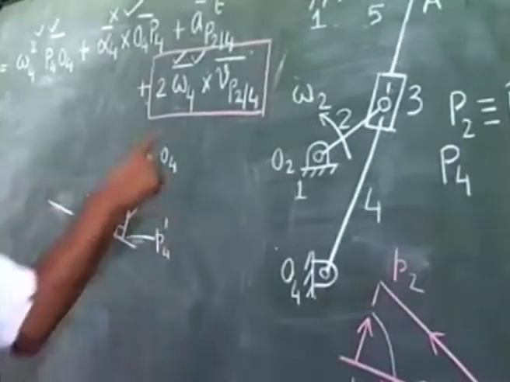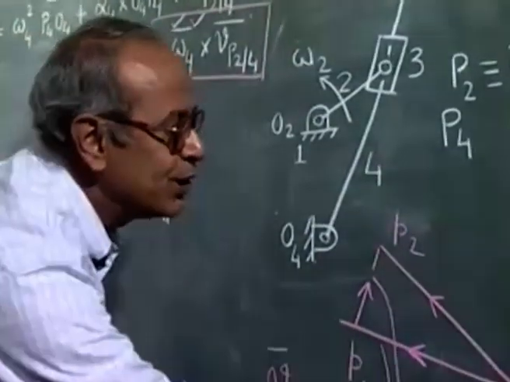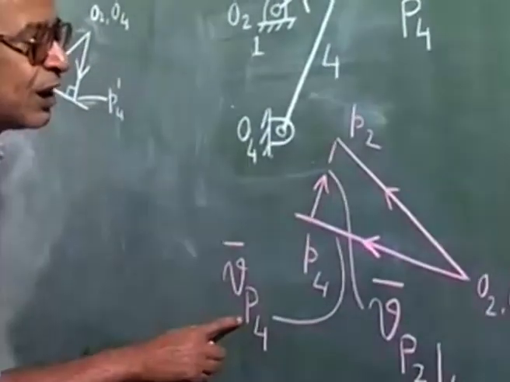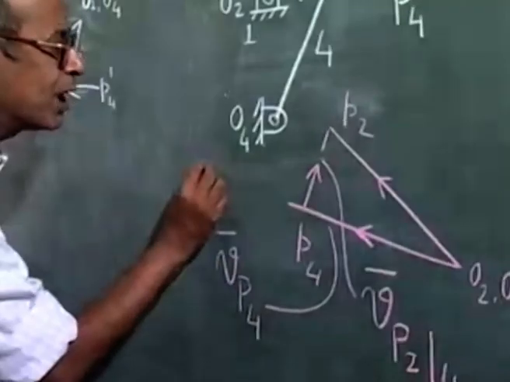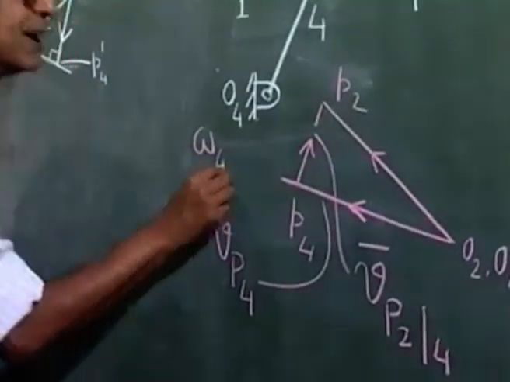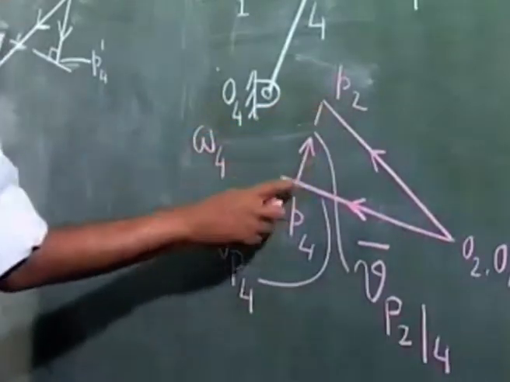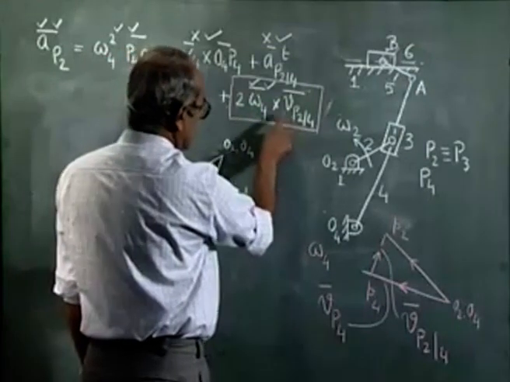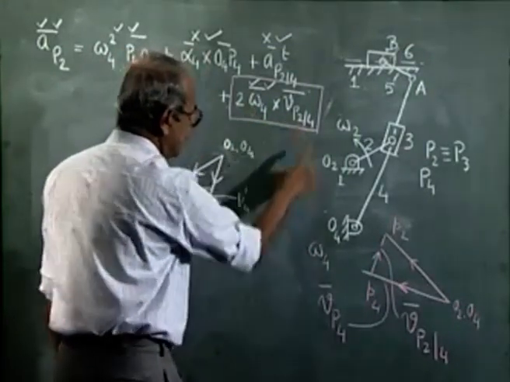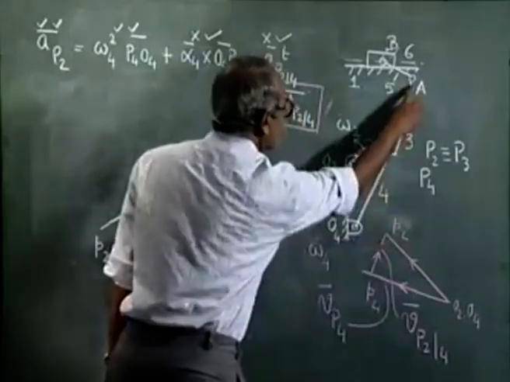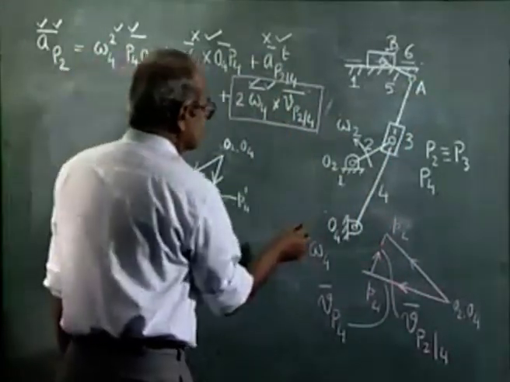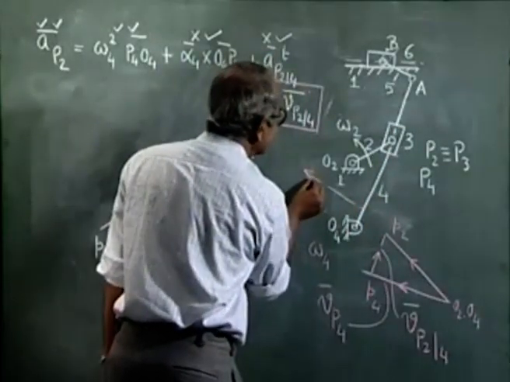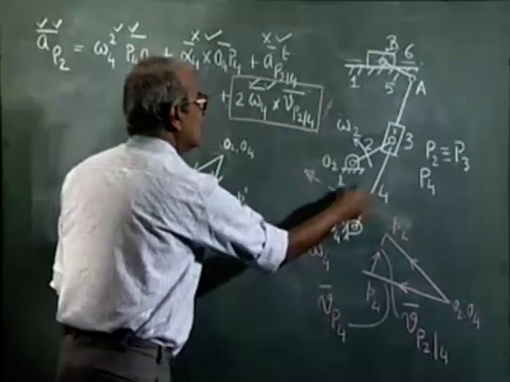If we go back to the relevant portion of the velocity diagram, we see that Vp4 is in this direction, O4P4, which means omega 4 is counterclockwise. And this vector P4P2 represents Vp24. So, in this cross product, because omega 4 is counterclockwise and Vp24 is in the upward direction along O4A, this vector turns out to be perpendicular to O4A, in the sense of omega 4 rotated through 90 degrees.